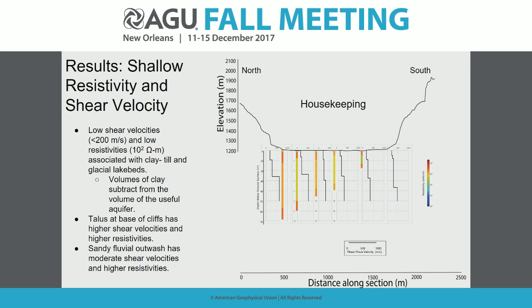You have a pretty dark red, and then a very low shear velocity, and then it changes as you move farther down. And then as you move closer to the middle of the valley, you'll have a sandy fluvial outwash, which creates a quicker shear velocity, and you'd still have your higher resistivities, which is shown with the yellow.